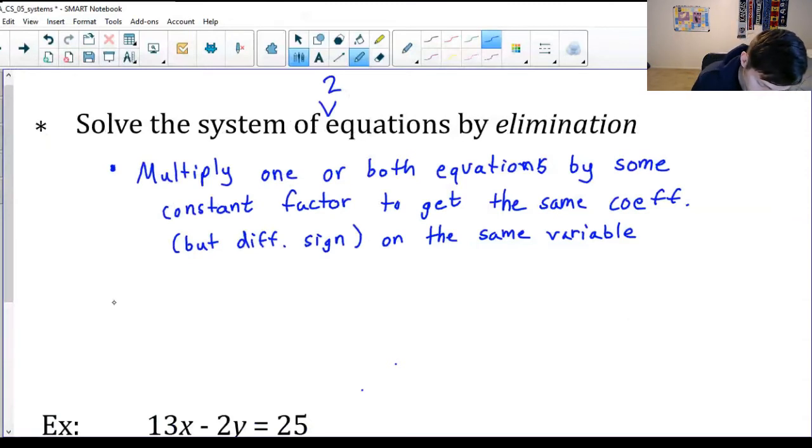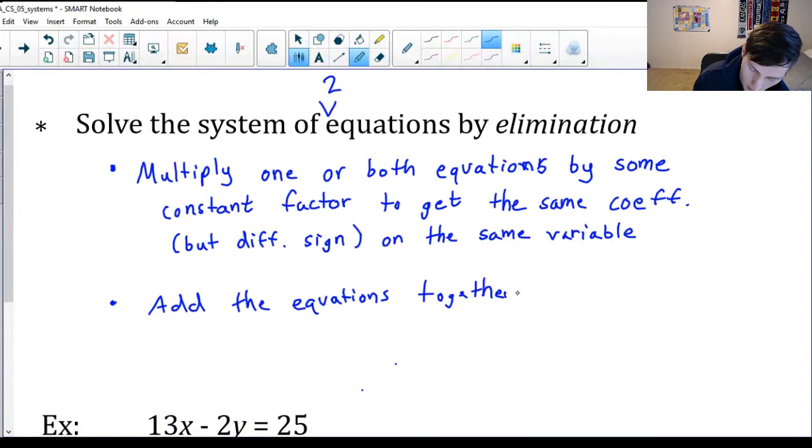Okay. Once we do that, if we need to do that, sometimes that first step isn't necessary, but a lot of times it is, for us at least. We're not in our Algebra 1 days anymore. Then we'll add the equations together so that one of the variables gets eliminated.